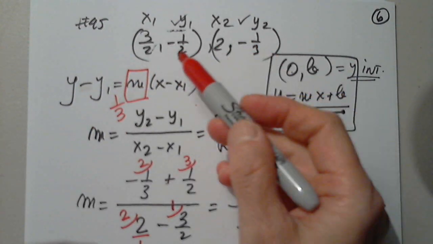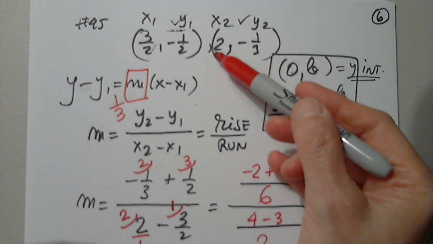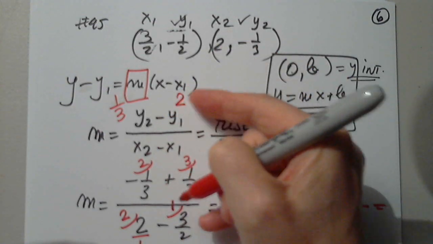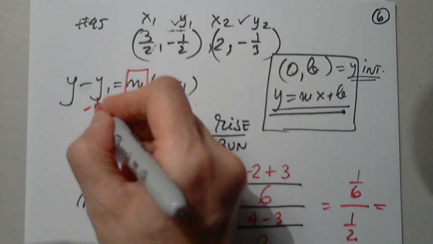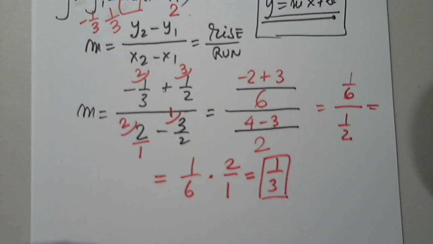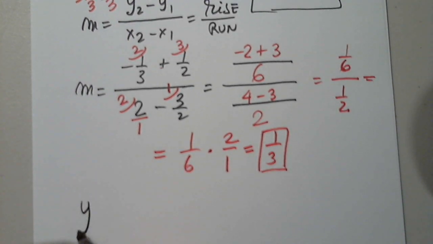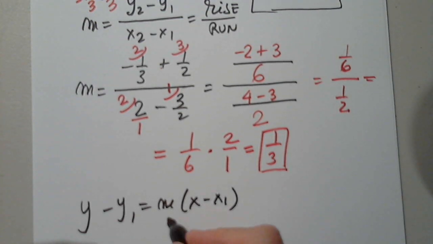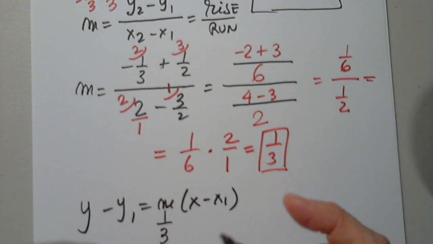And now it doesn't matter which point I use. If I use 2, comma, -1/3, this is the 2, and this is the -1/3. I'm going to write it one more time. I prefer doing that, so I'm going to write it again. So y minus y1 equals the slope times x minus x1, where the slope is 1/3, x1 is 2, and y1 is -1/3.